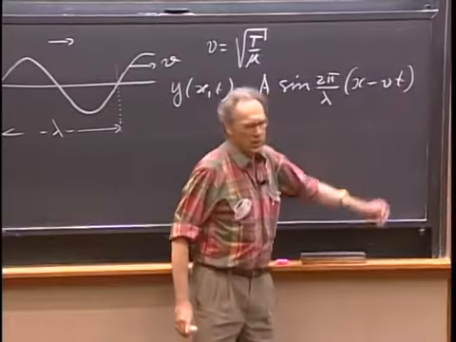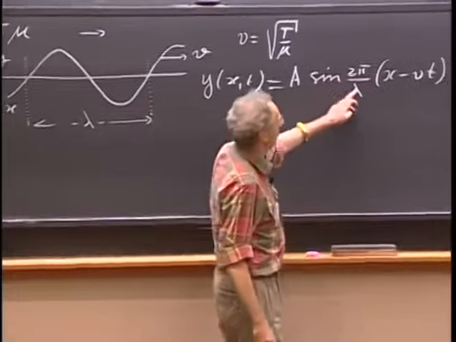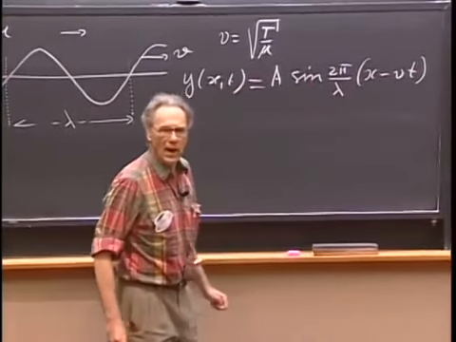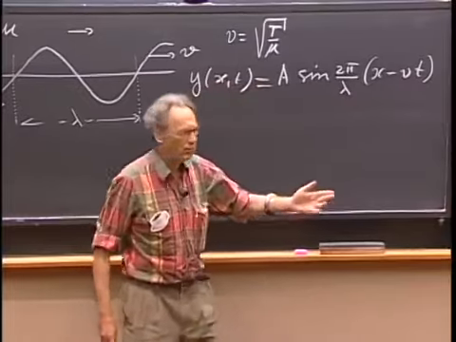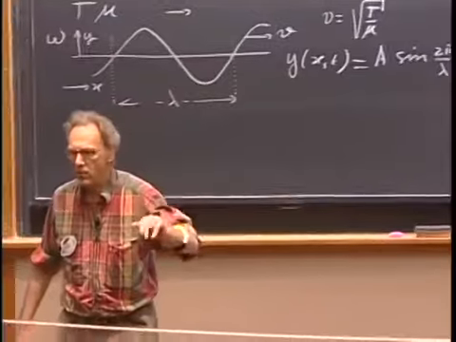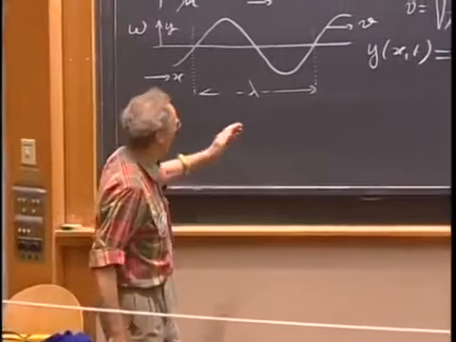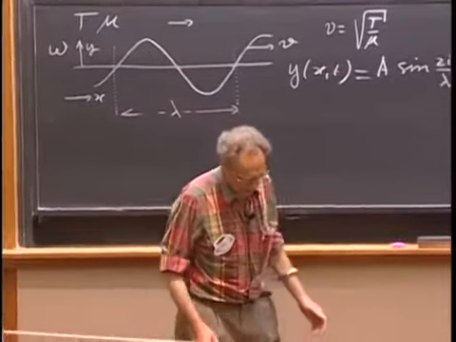Let's first make t equal 0. Then you see what you have here, the sine of 2 pi over lambda times x. If you take x equal 0, then you find 0. And if you make x larger by an amount lambda, you get 0 again. So that's why lambda is called the wavelength. The pattern repeats over a distance lambda.